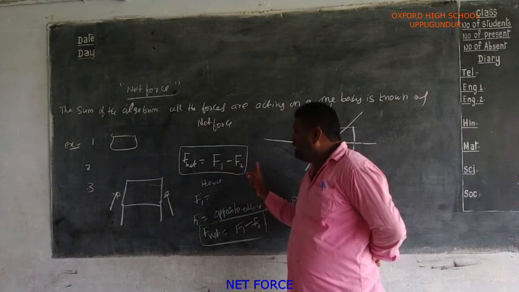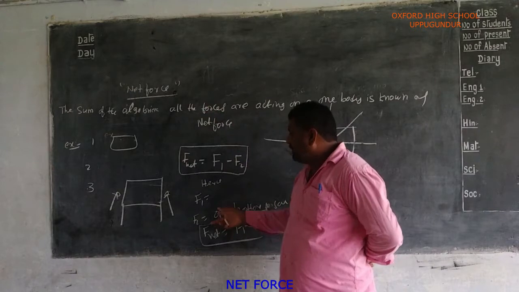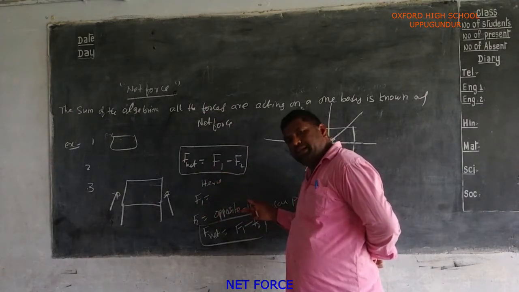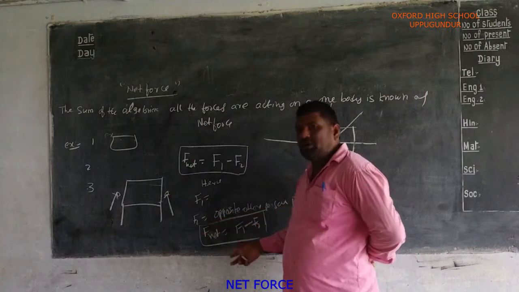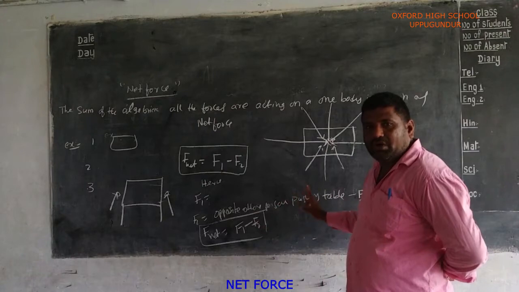Here F1 is the force of the first person, and F2 is the force of the opposite person.